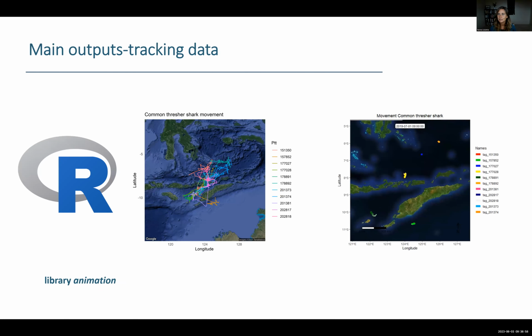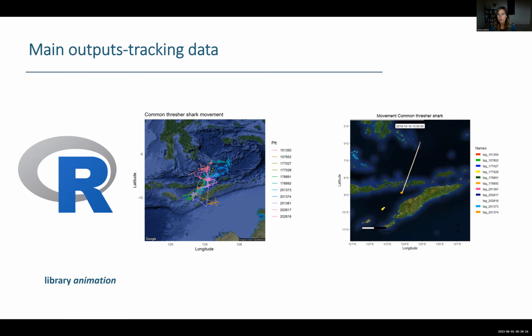I would like to show this because this is a master student that is going to be soon a PhD student from UCSC. He has been studying thresher sharks in Indonesia. This is an area that has a marine protected area only for coral reefs. But 90% of the thresher sharks in this area are female, and the fisheries exploit them.